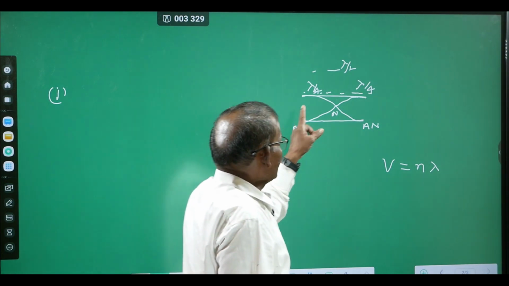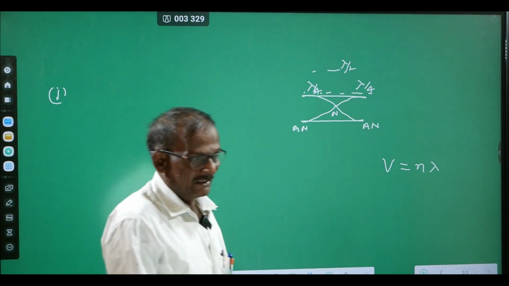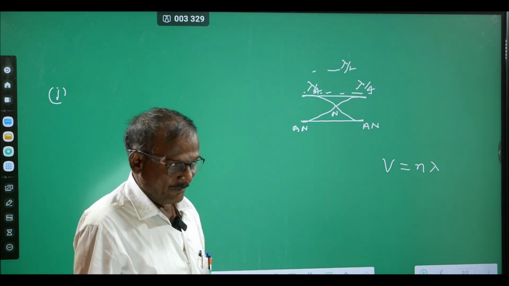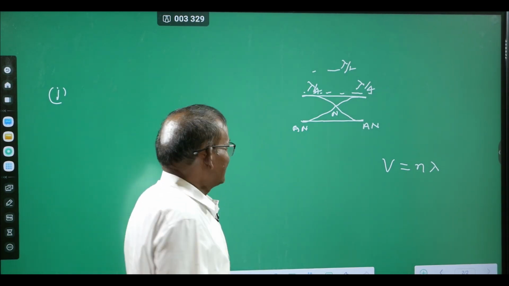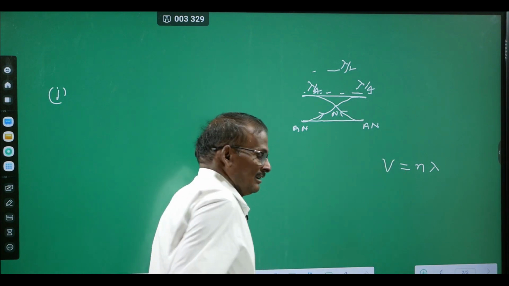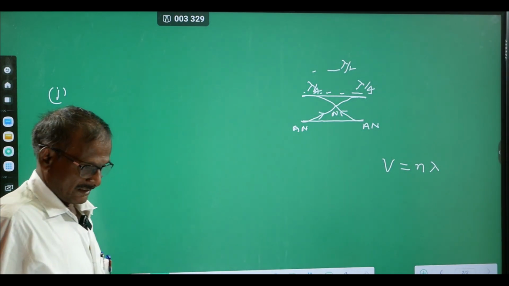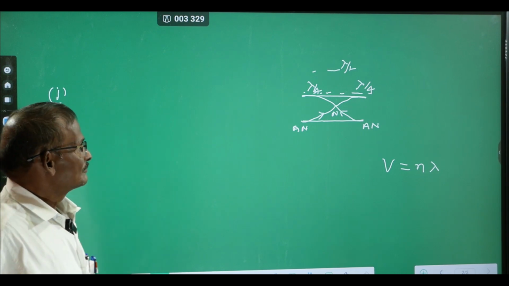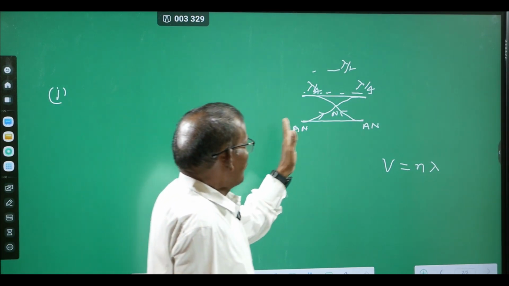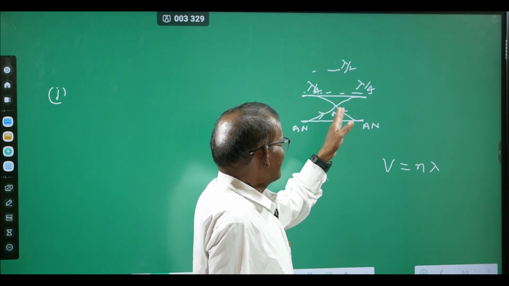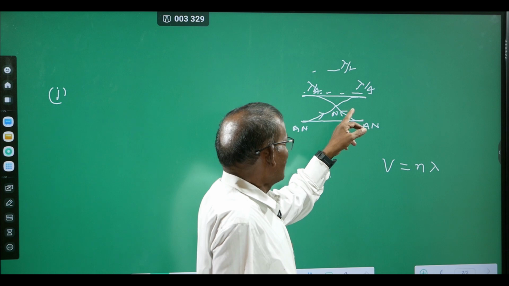At an antinode, the vibration of the particles is maximum. At a node, the vibration of the particles is minimum. Let us suppose that this is the progressive wave and this is the reflected wave. These two waves are traveling through an open organ pipe, and at both open ends the particles are free to vibrate, therefore antinodes are formed.